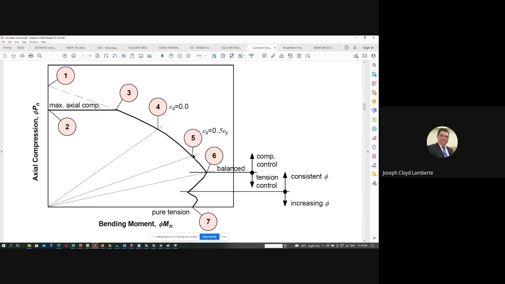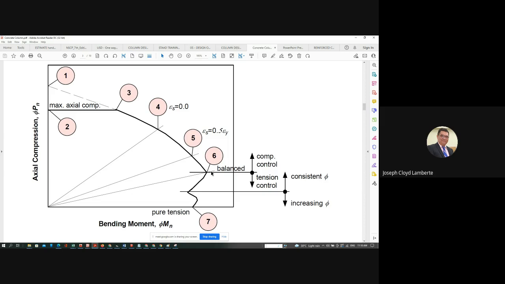Point 5 is when es is 0.5 of ey. Number 6 is when your es is equal to ey. That is now the balance condition. The condition for the balance condition is that your actual es is equal to ey.